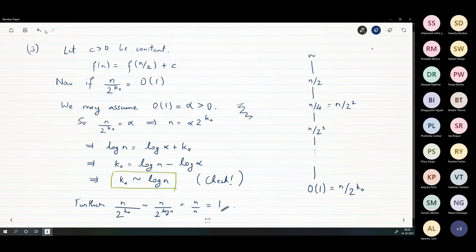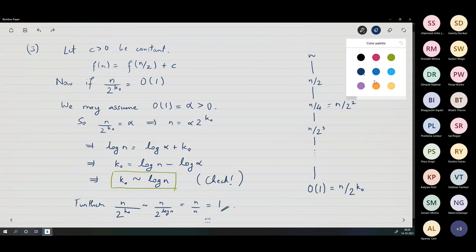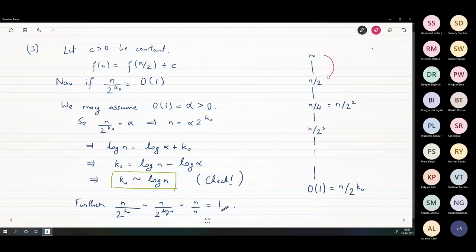I hope you can see what I'm writing now. So from n to n by 2, the height is 1, right? You're going from n to n by 2 to the 1. Now if you're going from n to n by 2 square, the height is 2.